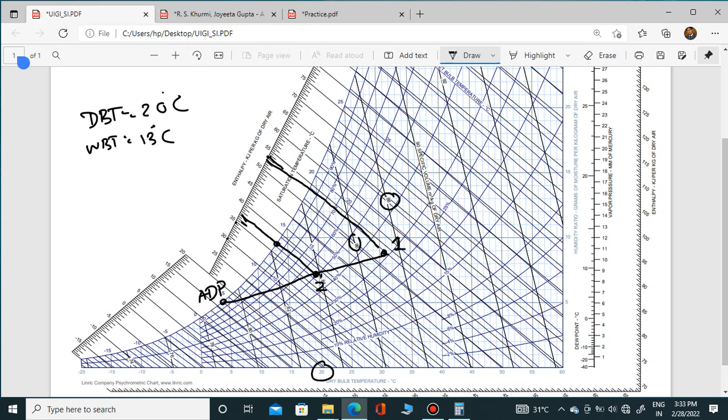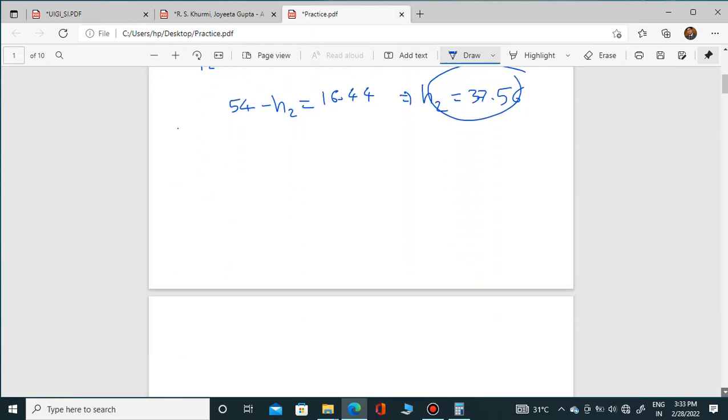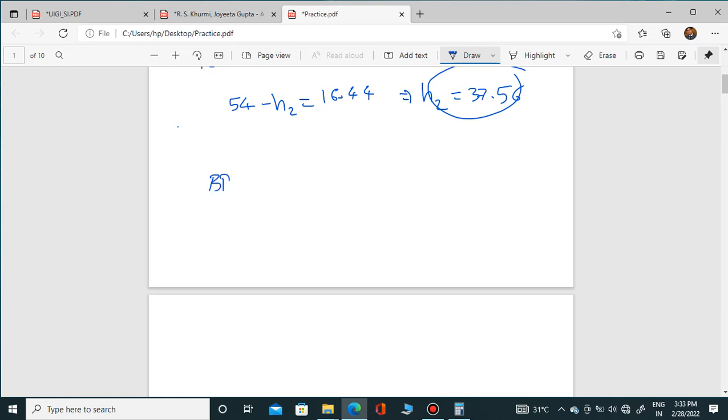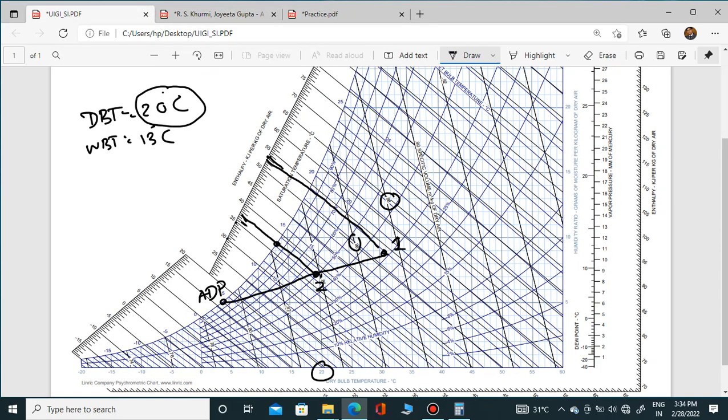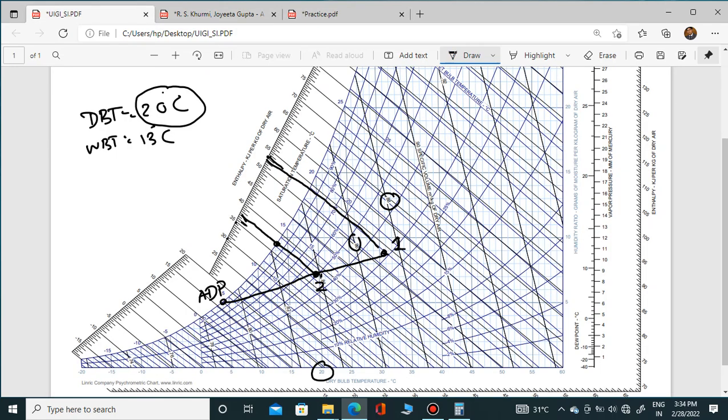Now we will have to find the bypass factor. For that you will have to remember this is 20. So bypass factor is equal to TD2 minus ADP divided by TD1 minus ADP. Here what is TD2? We recently found TD2 is equal to 20 degrees centigrade.